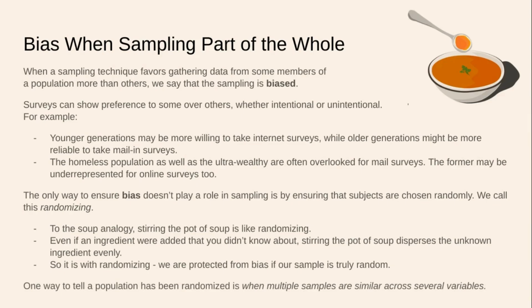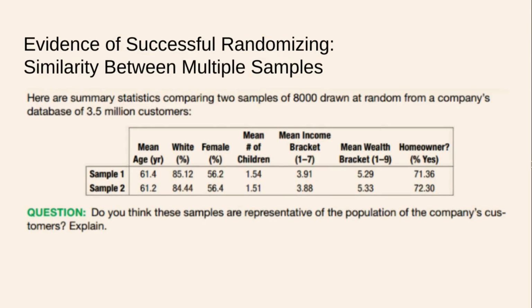One way to tell a population has been in fact randomized is when multiple samples are similar across several variables. If we have multiple similar samples, that very, very likely means that we've collected samples that are representative of the population too. Here is an example of such samples.